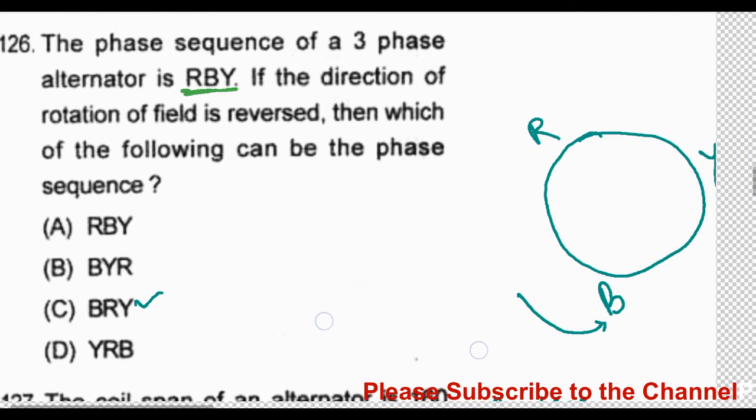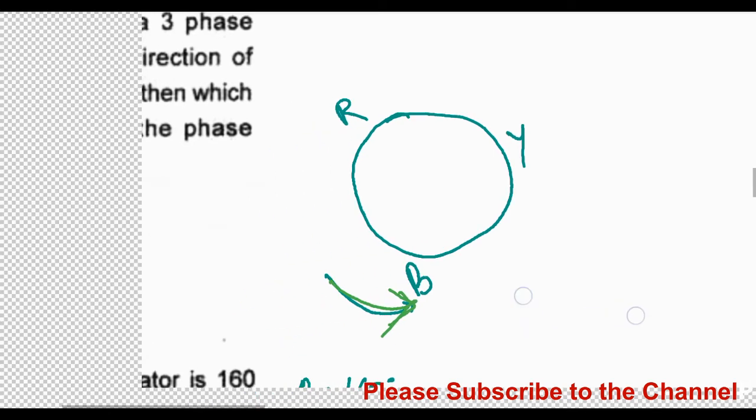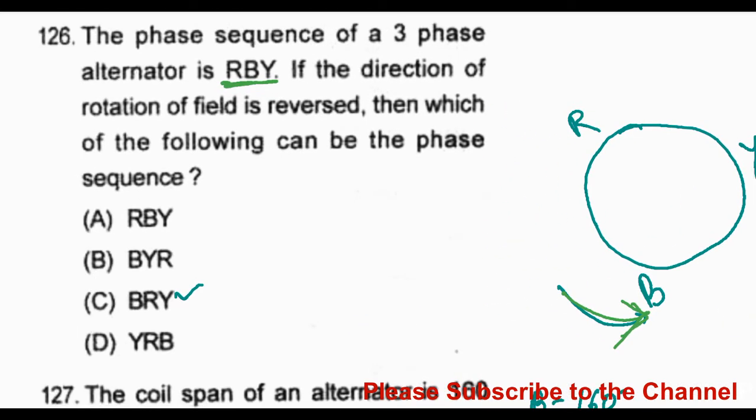That means RBY, and if the excitation field direction changes, the three-phase sequence of the alternator will be changed. If we consider option A, RBY, this is the same as the original and not changed.